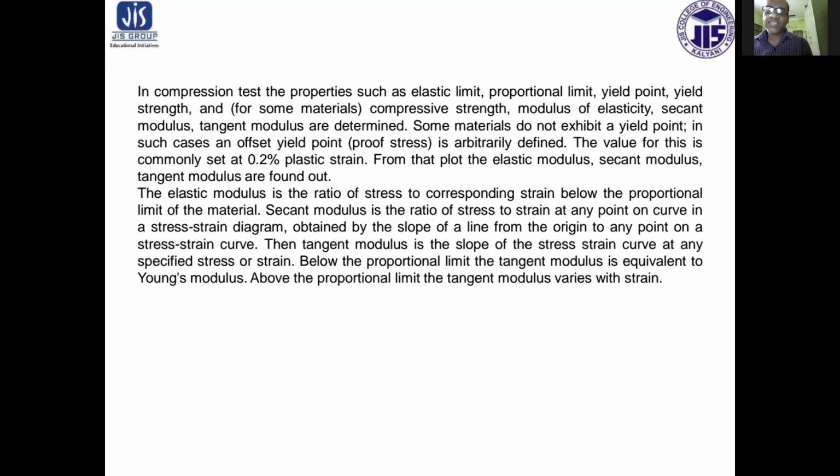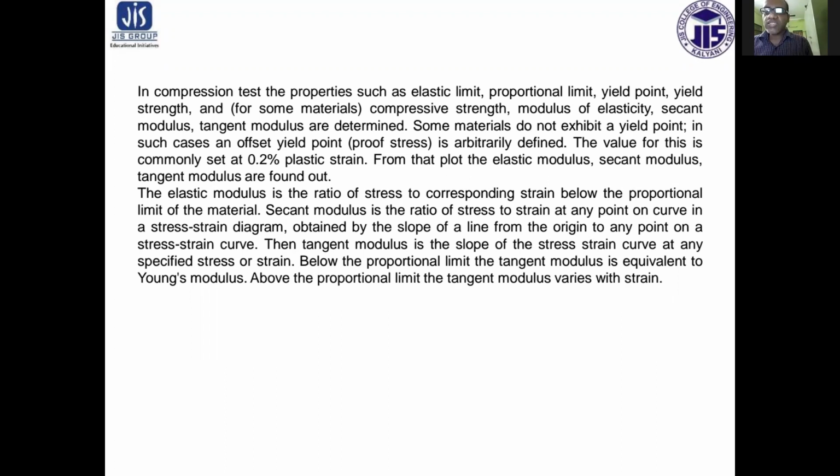In such cases, an offset yield point, that is called proof stress, is arbitrarily defined. The value for this is commonly set as 0.2% plastic strain. From the plot, the elastic modulus, secant modulus and tangent modulus are found out.